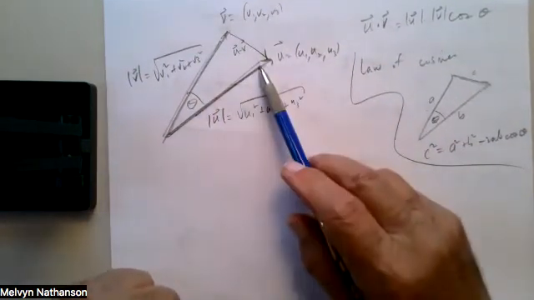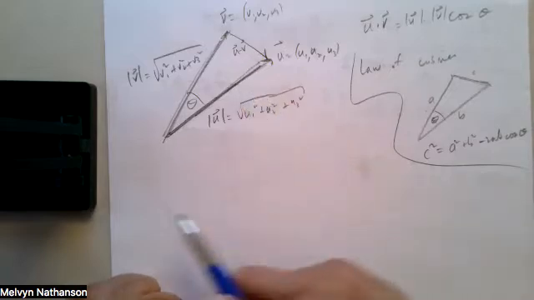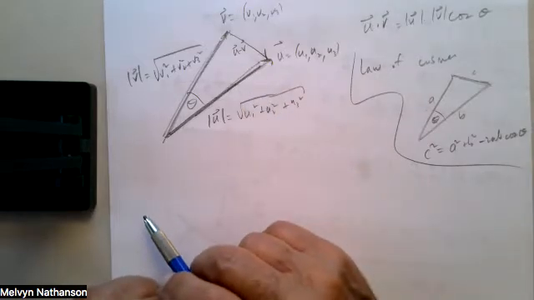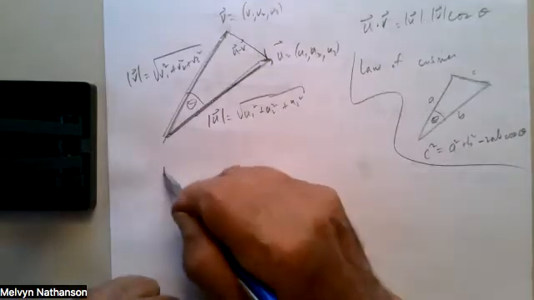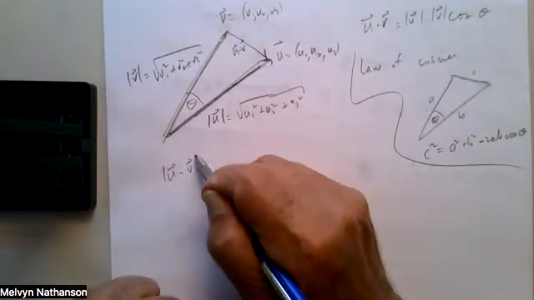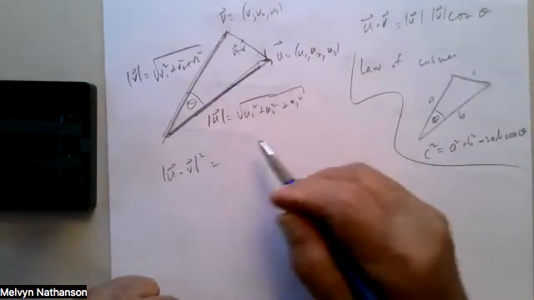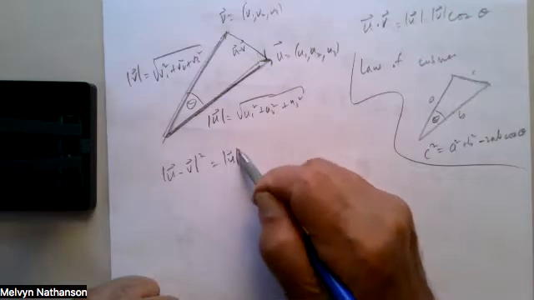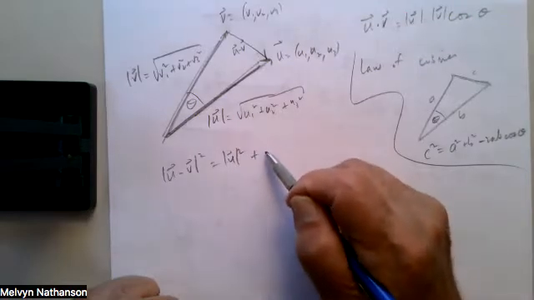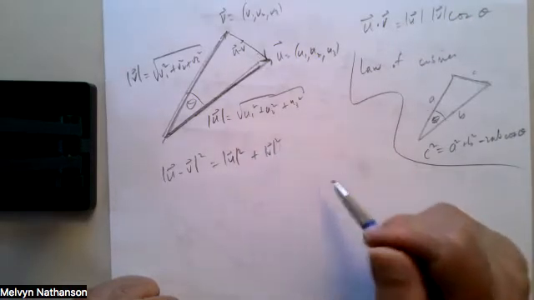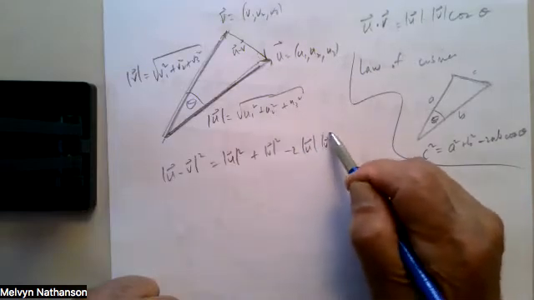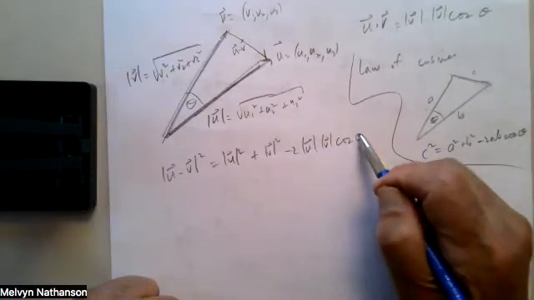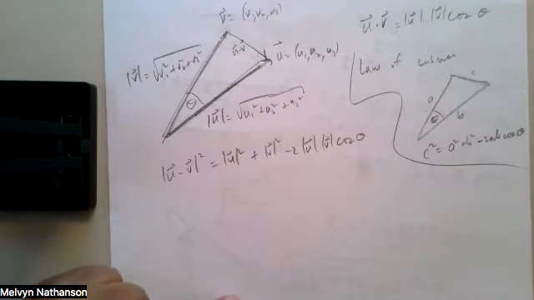The law of cosines applied to this triangle says that the length of u minus v squared is equal to the length of u squared plus the length of v squared minus 2 times the length of u times the length of v times the cosine of the angle between them.